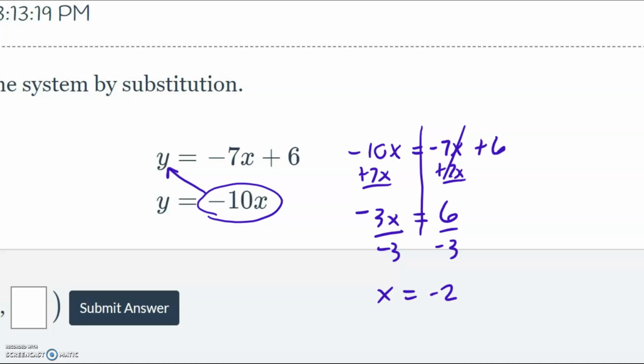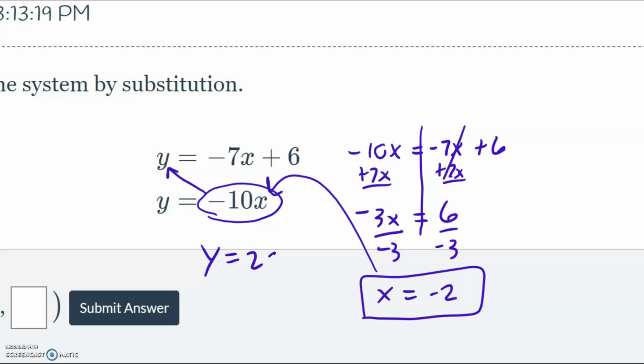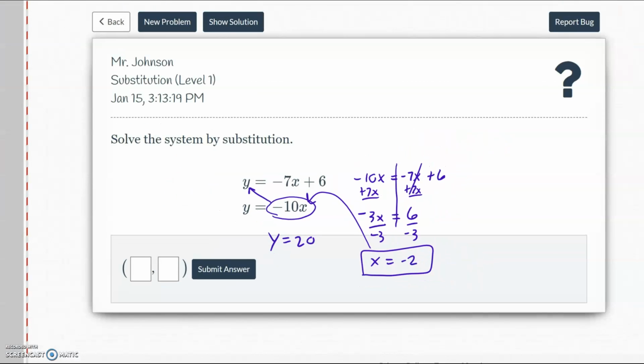So now I need to take this negative 2 for x, and I need to plug it back into one of my equations to get my y. I feel like this one's easier for me, so I'm going to plug it in right there. If I do negative 2 times negative 10, I get 20. Okay, so my answer is going to be an ordered pair.